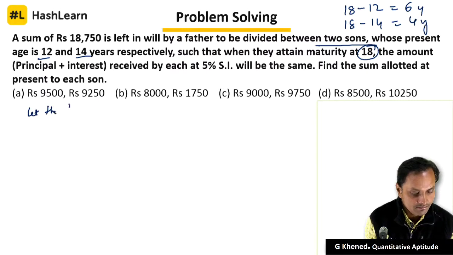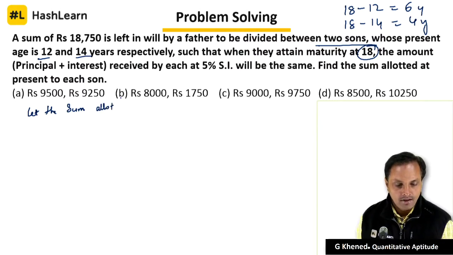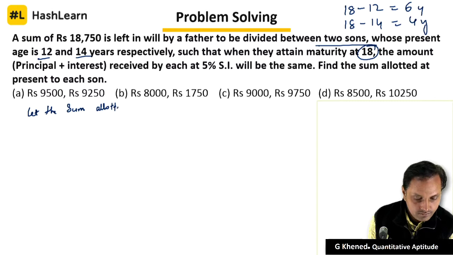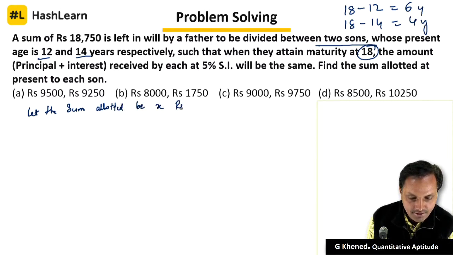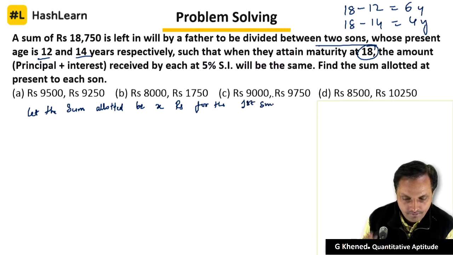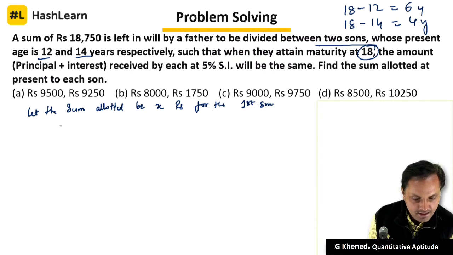Let the sum allotted be X rupees for the first son, and what will it be for the second son?